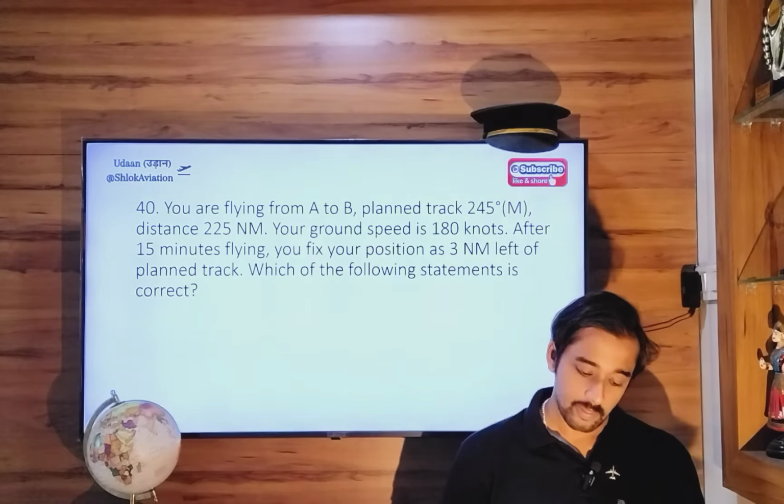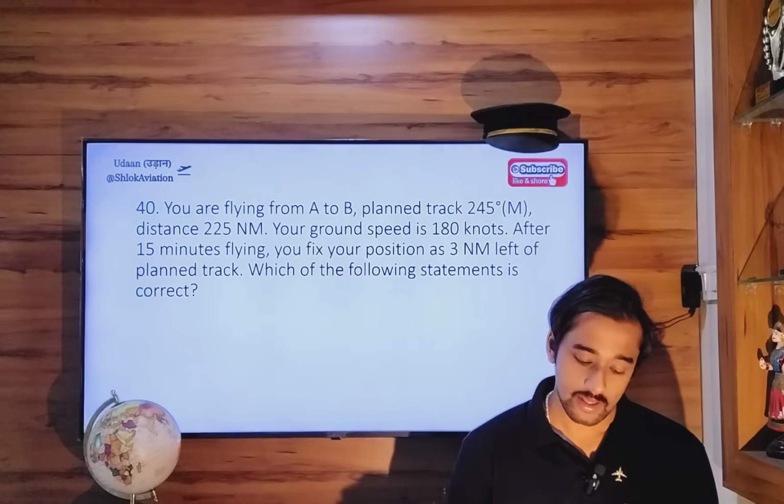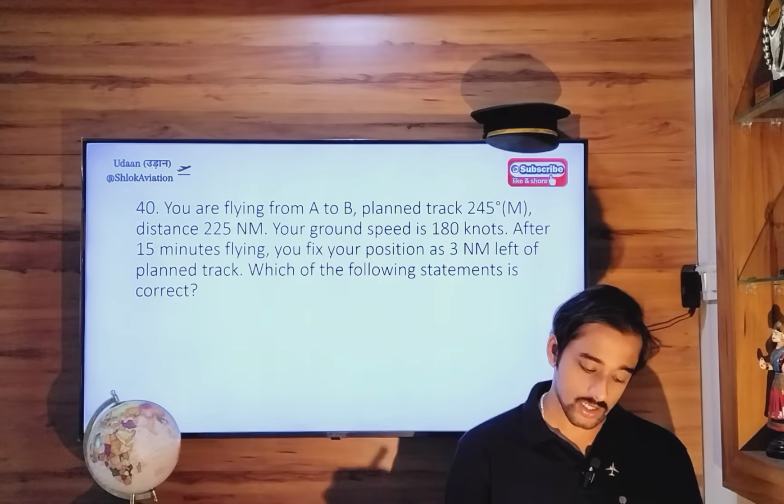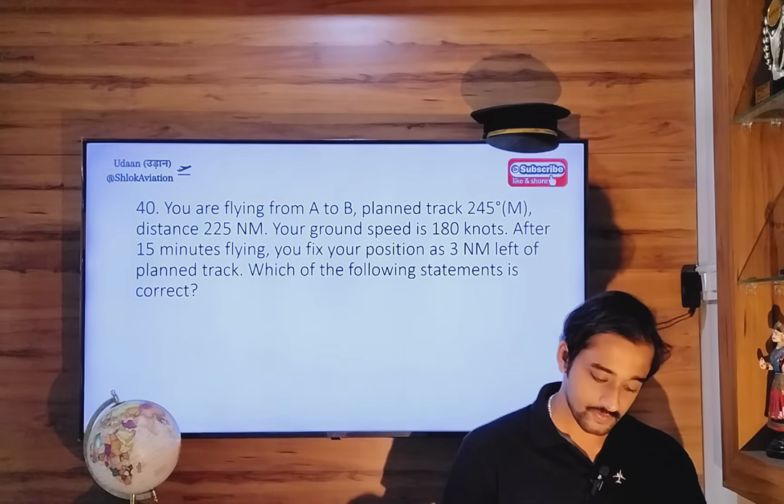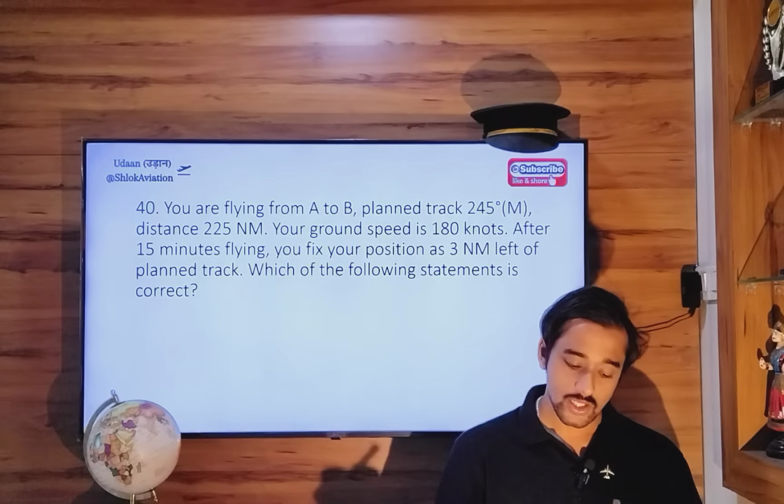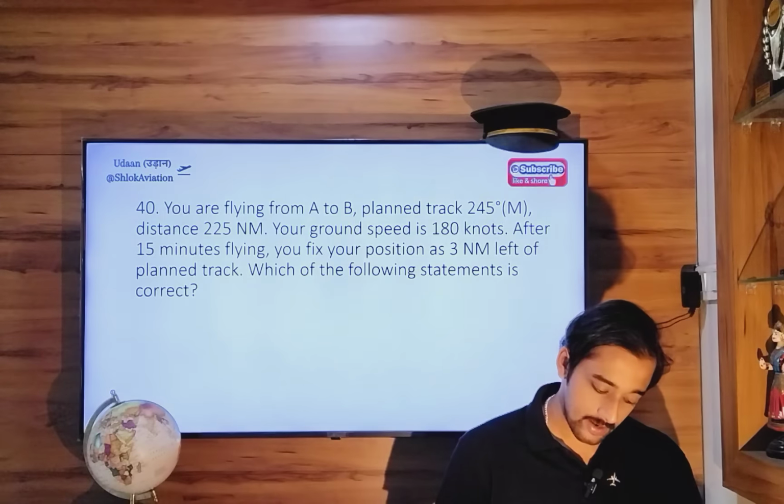Question 40. You are flying from A to B with a planned track of 245, distance 225, speed 180 knots. After 15 minutes you fix your position 3 nautical miles left of planned track.